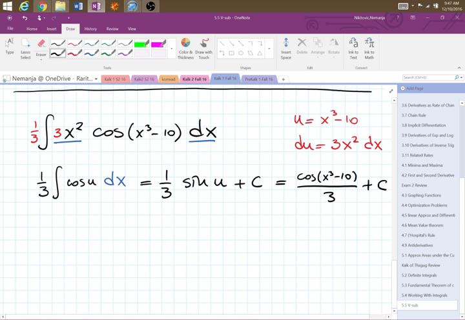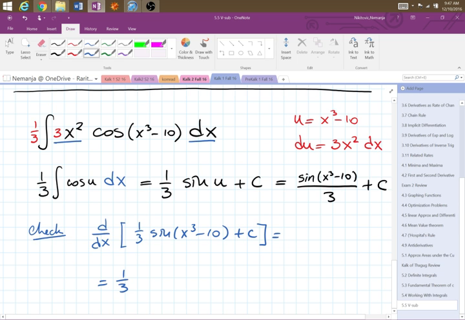Not the cosine, sine. Now, I'm going to check this. Take the derivative of 1/3 sine of x cubed minus 10 plus c. I copy the constant, 1/3.